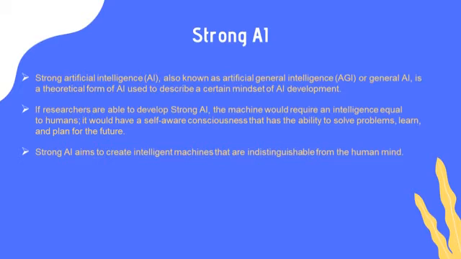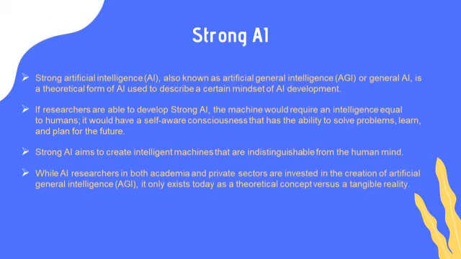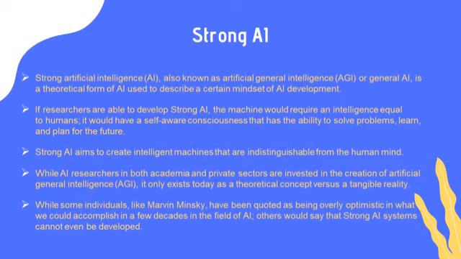Strong AI aims to create intelligent machines that are indistinguishable from the human mind. While researchers in both academia and private sectors are invested in the creation of artificial general AI, it only exists today as a theoretical concept versus a tangible reality.